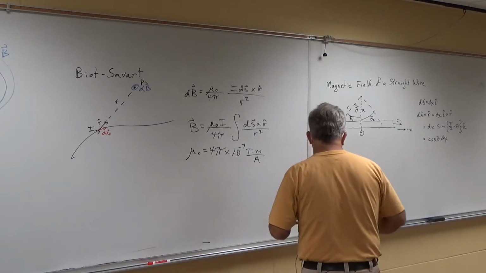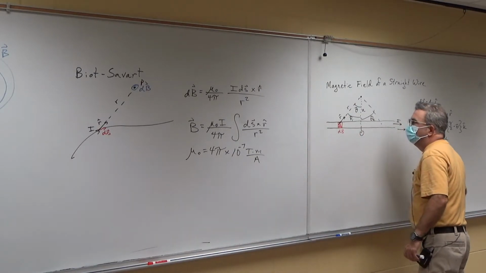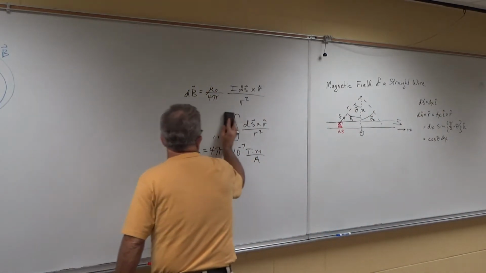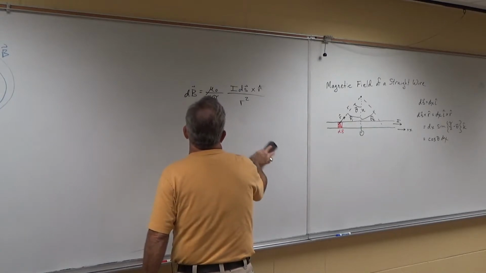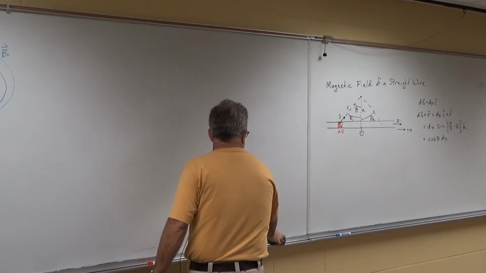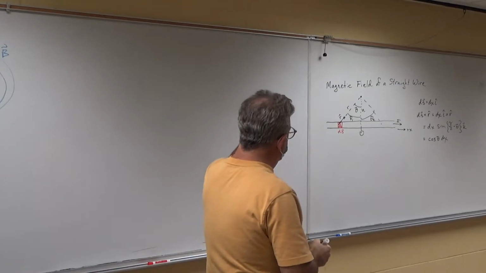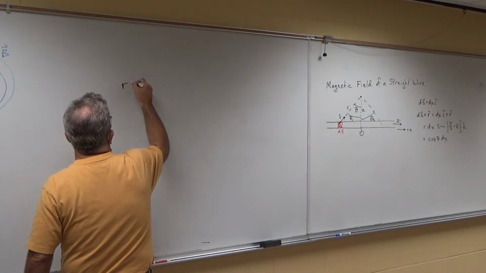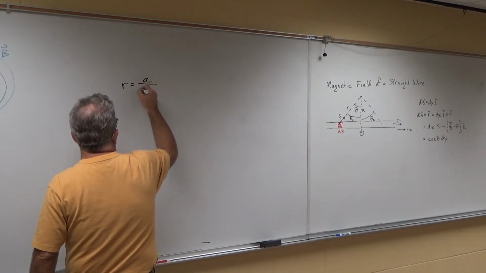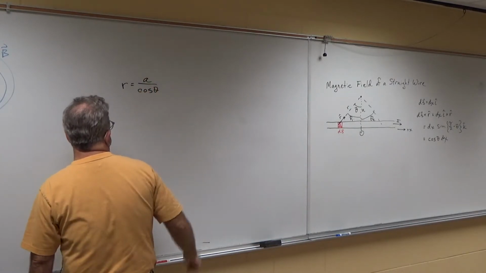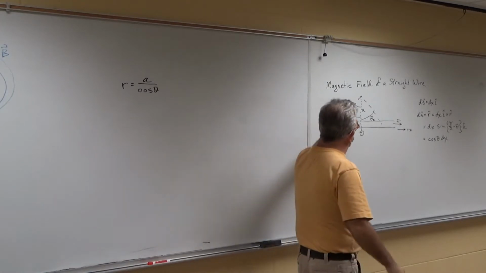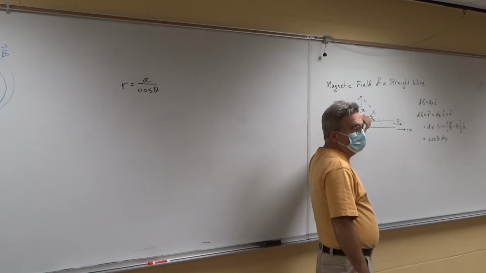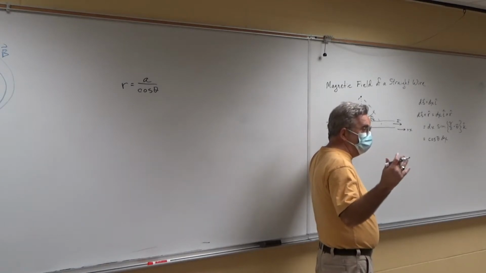Let me continue over here. Oh shoot, I erased it, but that's okay. Now I need r. r is equal to A over cosine theta, because r cosine theta is equal to A. I'm going to integrate over theta. That's where I'm headed.